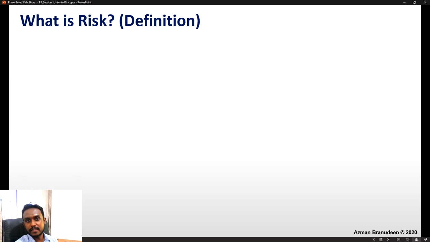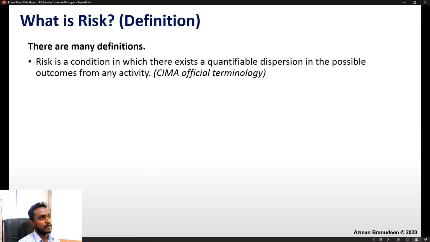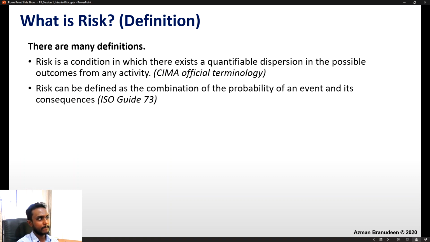So first, what exactly is risk? Let's try to understand the definition. Now there are many definitions. For example, CIMA official terminology defines risk to be a condition in which there exists a quantifiable dispersion in the possible outcomes from any activity. And risk can be defined according to the ISO Guide 73 as the combination of the probability of an event and its consequences.